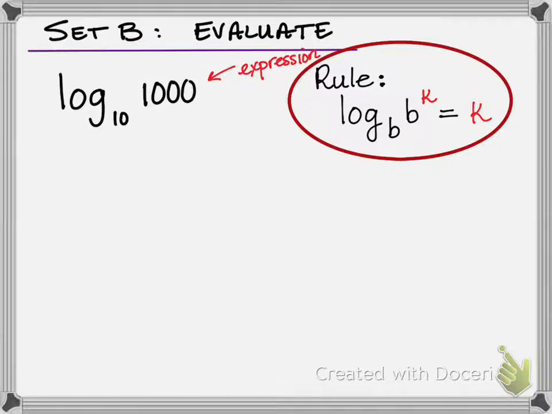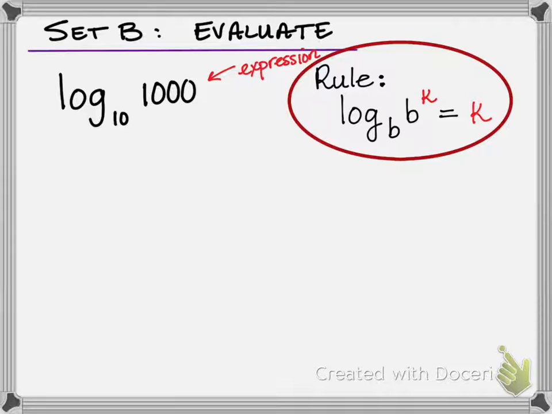So I still say evaluate. But evaluate and solve are not synonymous in math. They do both ask you to find the value, but they are not synonymous. So we're going to evaluate this expression. You don't see an equal sign anywhere. You can eventually put the equal sign in, but anyway, I digress.